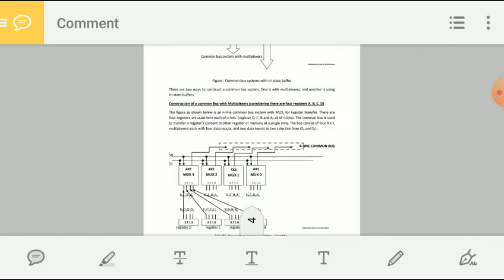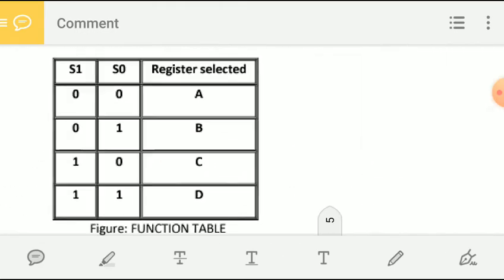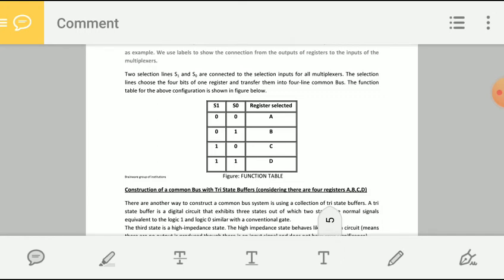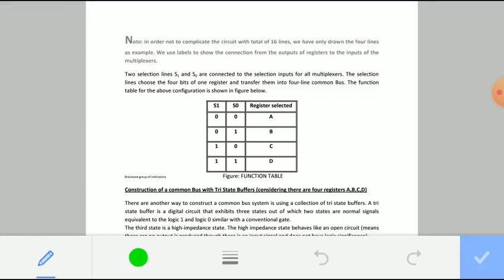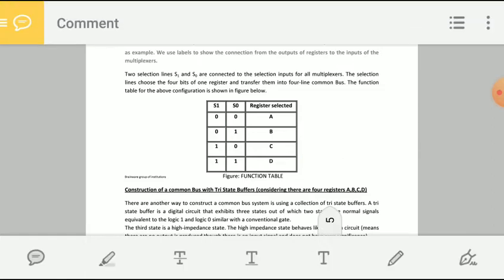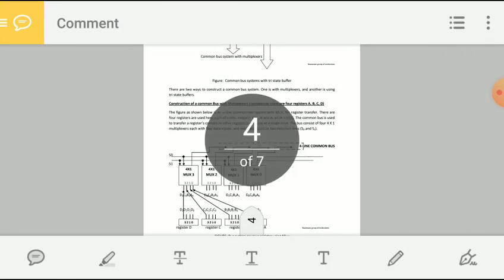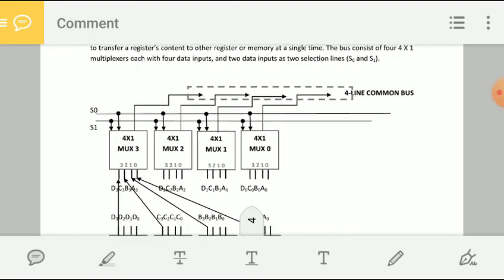Okay, next, see the truth table. In the truth table, 0 0 means A will be selected, 0 1 B, then C, D. Okay, for better understanding, just try this diagram by yourself in your copy.